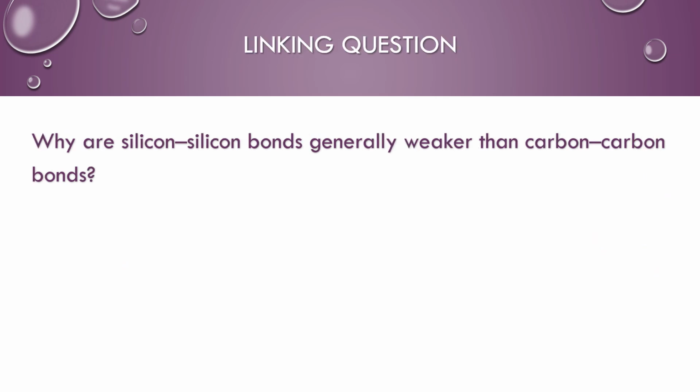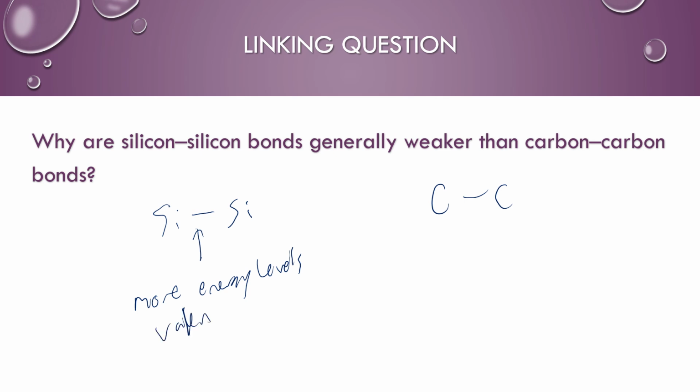So this is an interesting question. Silicon forming a covalent bond with another silicon is generally weaker than carbon to carbon. That's because silicon is lower down on the periodic table. Silicon has more energy levels. So the valence electrons in silicon are further from the opposite nucleus.